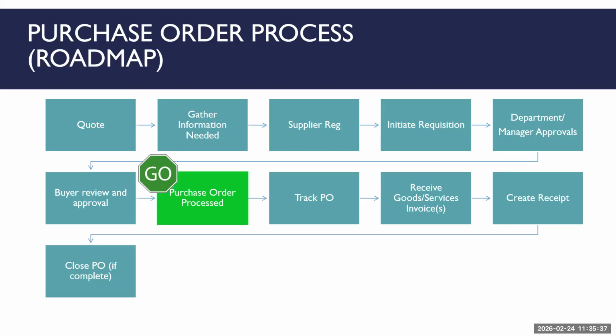So this spot can be a holding pattern for a little bit. Again, it's not going to just happen in 24, 48 hours. So make sure you're planning accordingly. And then when you hit that go sign, the purchase order is issued and processed, that's a good sign that you can go ahead and start with the services, and then those goods are ordered from there.